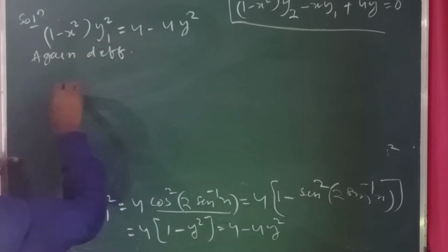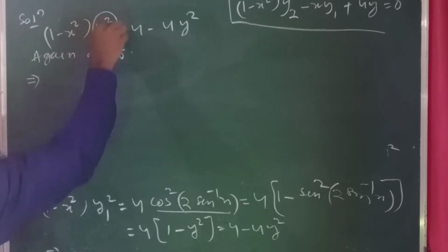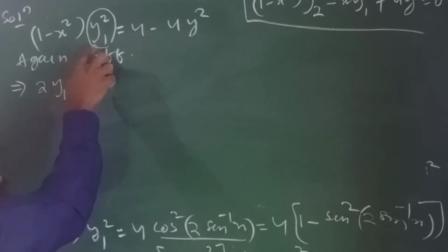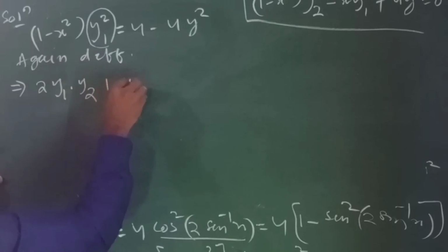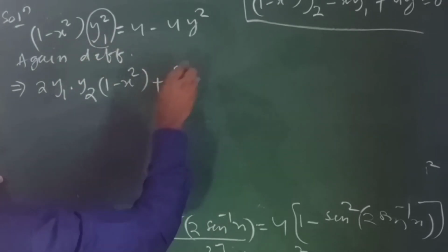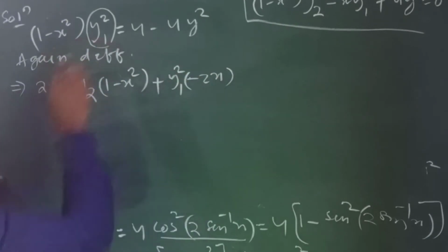Again differentiating both sides with respect to x, the derivative of x square is 2x, the derivative of y1 square is 2y1 into the derivative of y1, which is y2, into (1 minus x square), plus y1 square into the derivative of (1 minus x square), which is minus 2x. Here is the product formula.